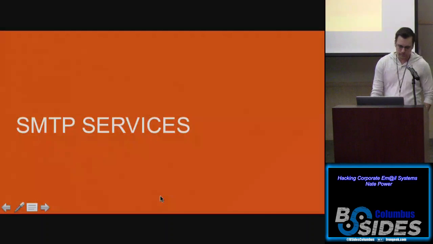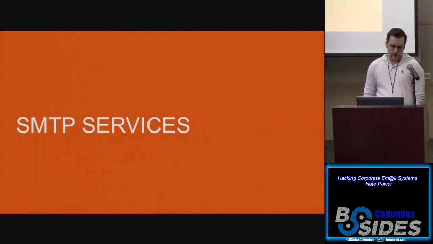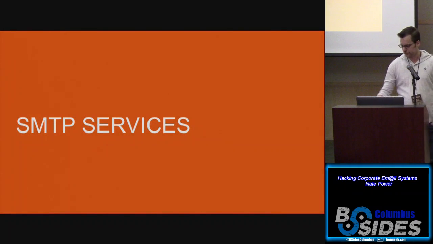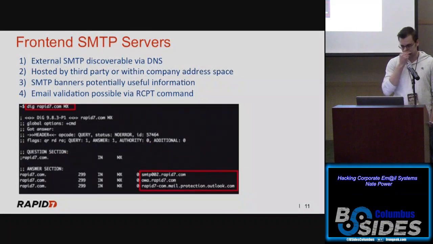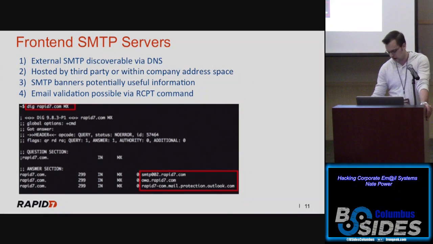Okay, next we're going to talk about SMTP servers. SMTP servers are essentially how mail routes on the internet. You're going to have your external-facing internet SMTP services. Most organizations have their back-end Exchange SMTP services that communicate with the external internet-facing systems.